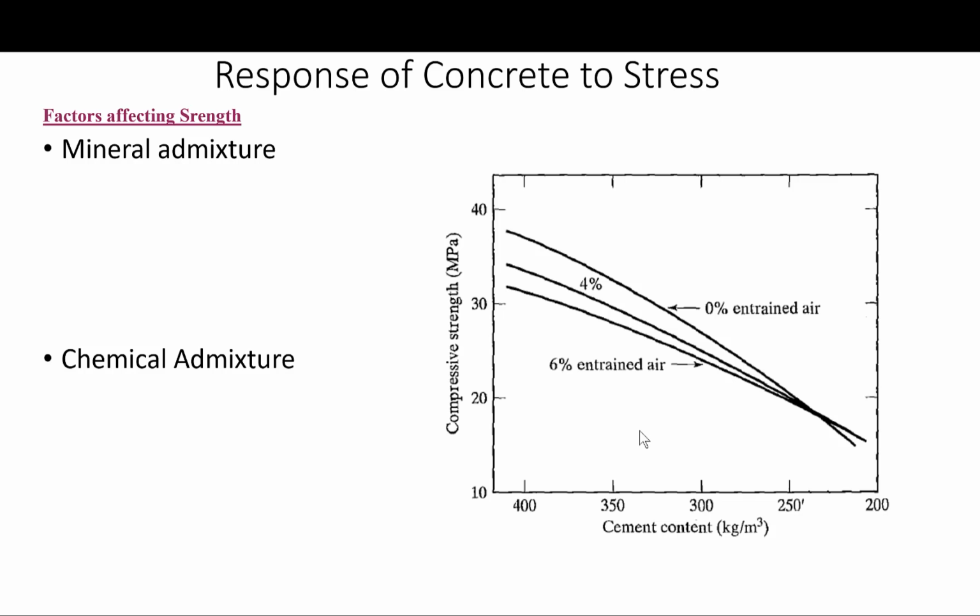Chemical admixtures have their greatest effect on the rate of strength gain, either by accelerating or retarding the hydration of cement.